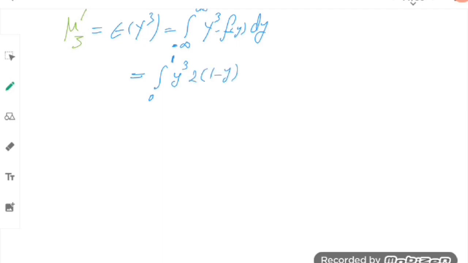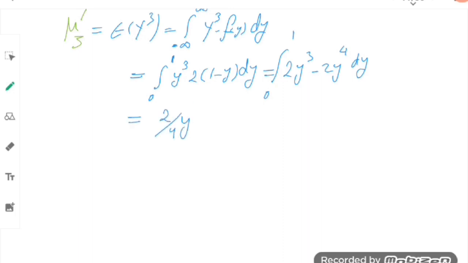This will give us 2 y to the power 3 minus 2 y to the power 4, and we are integrating this from 0 to 1 dy. This will be 2 divided by 4 y to the power 4 minus 2 divided by 5 y to the power 5. If we substitute for the limits from 0 to 1, this will give us 2 fourths minus 2 fifths.